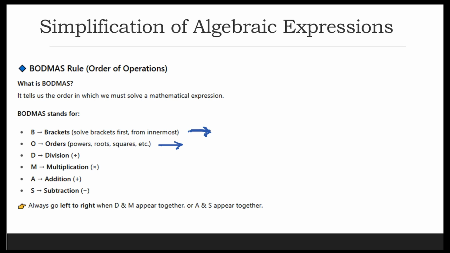And we'll come to different types of algebraic expression. We'll see it there. After we have solved the orders, we have to solve the division. So after the order, the next thing we need to solve is division. After division, M for multiplication. After multiplication, A for addition. And after addition, S for subtraction. So subtraction is right at the end.